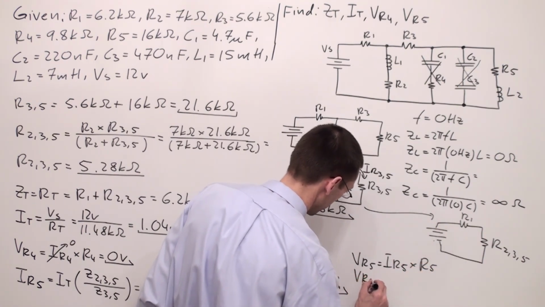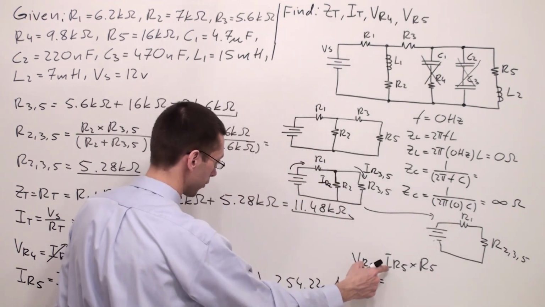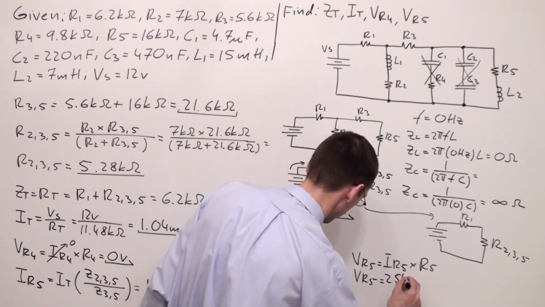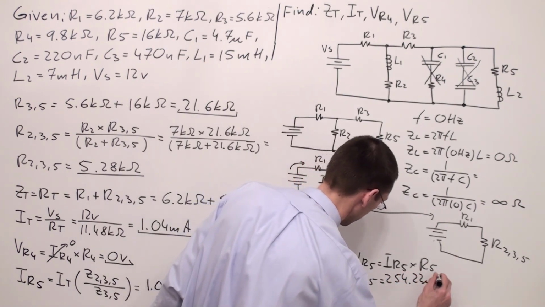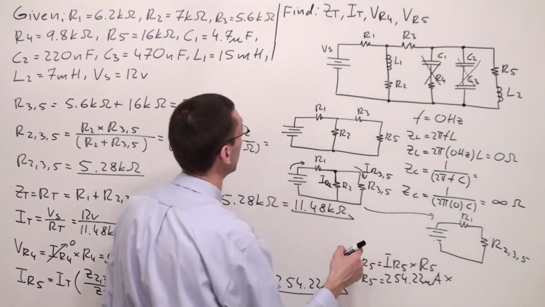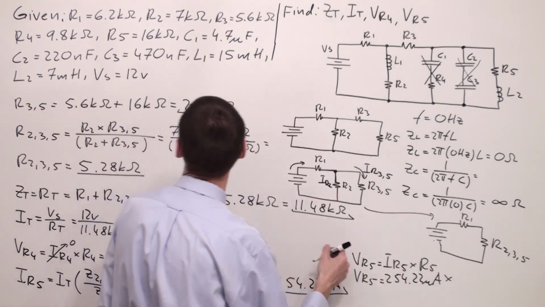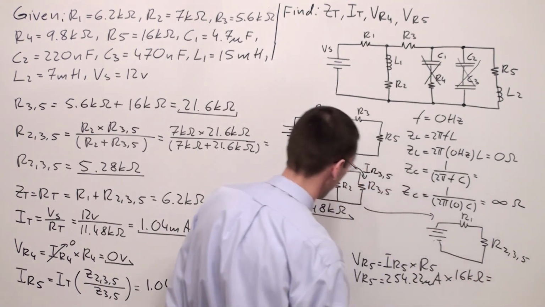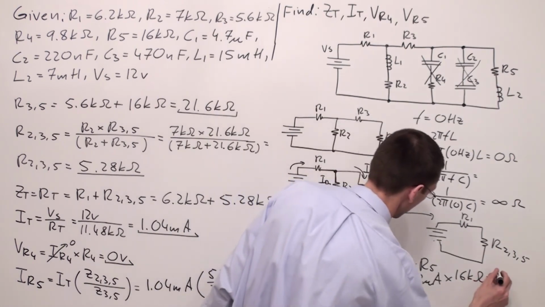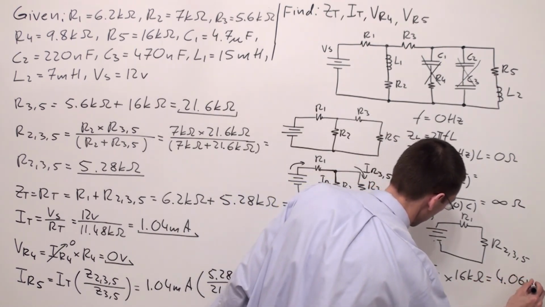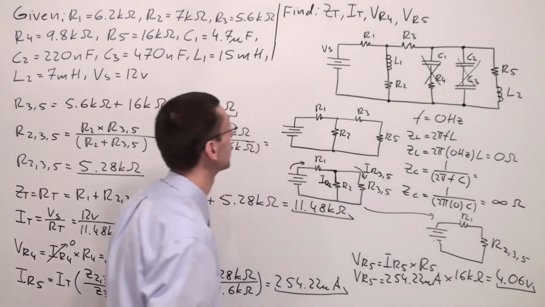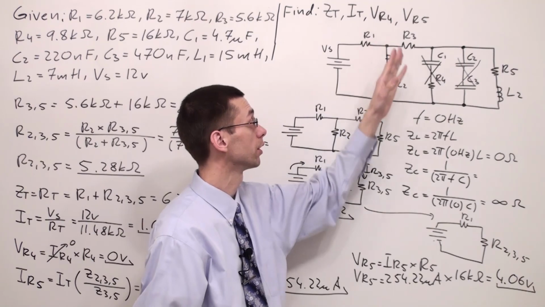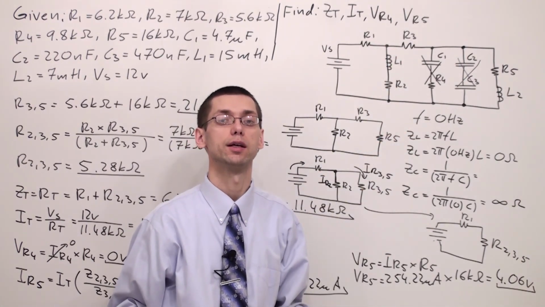IR5, we just found, is 254.22 microamps times R5, which is equal to 16 kilohms. This is equal to 4.06 volts. Okay, so we found Z total, we found I total, we found voltage VR4 and VR5. We can say that the problem is solved.